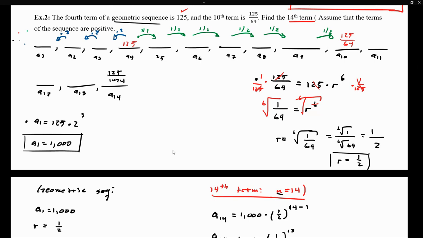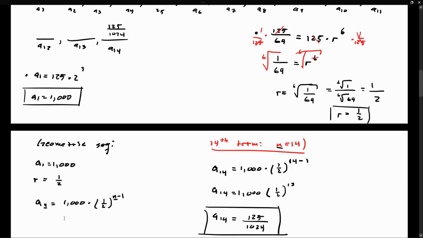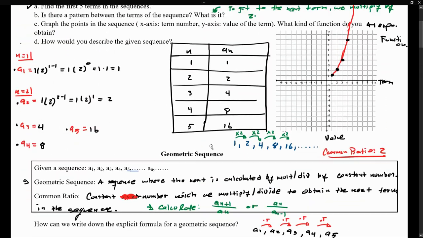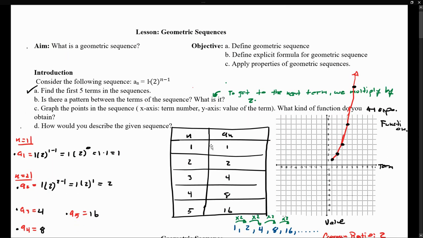Another way we could have done this is to start with 125 over 64 and multiply by r four times, and we would have gotten the same result. But it's preferable to define the explicit formula for this geometric sequence, and then you can just apply it to find any term in the sequence that you want. So this concludes our lesson for geometric sequences.